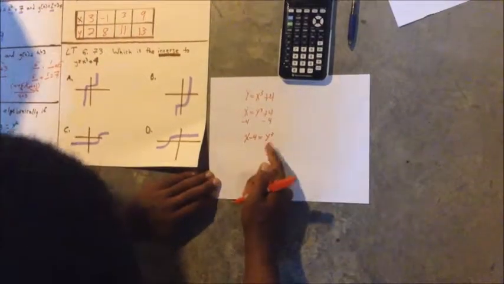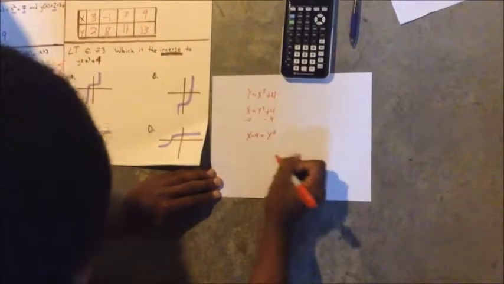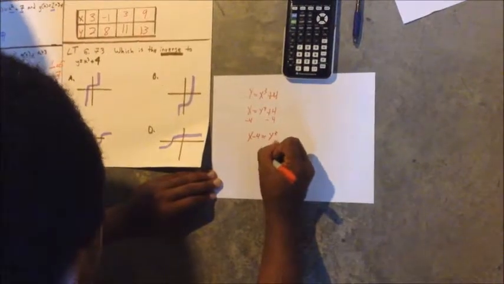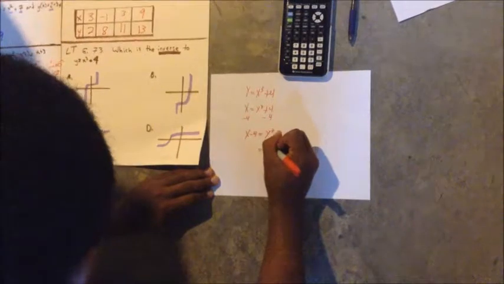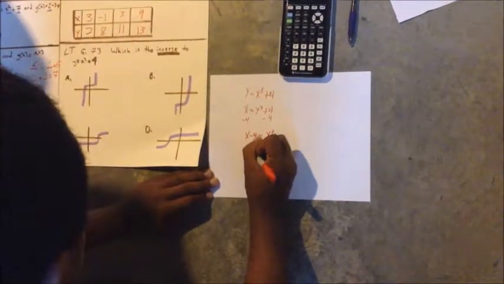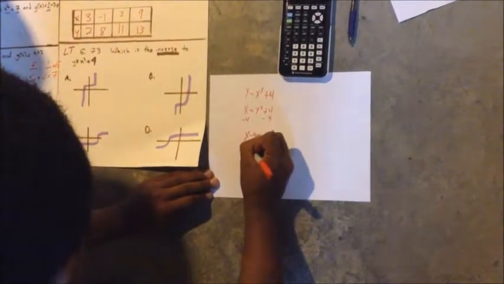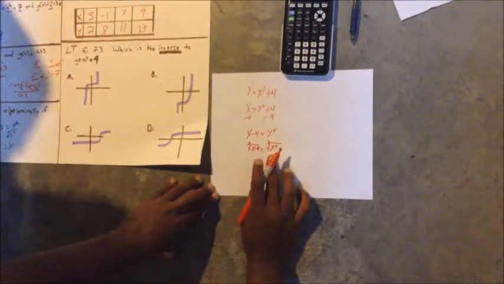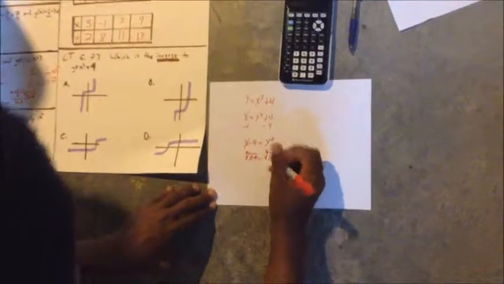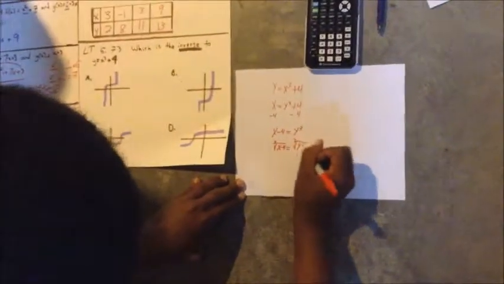But you're not done yet. You have to cube root each side. So it would be the cube root of y to the third power and the cube root of x minus 4. But to just get y, you have to take away the cube root.